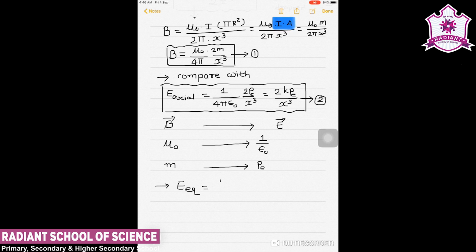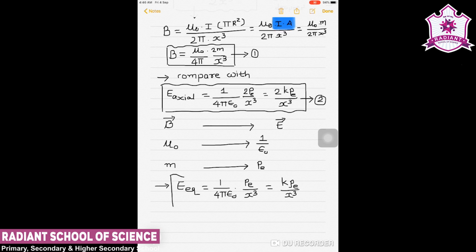That was 1 upon 4 pi epsilon 0 into P E over x cube. That can also be written as K P E over x cube.